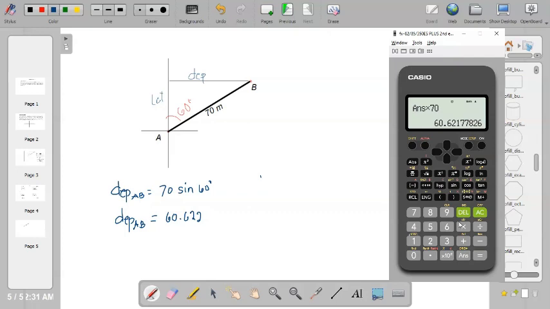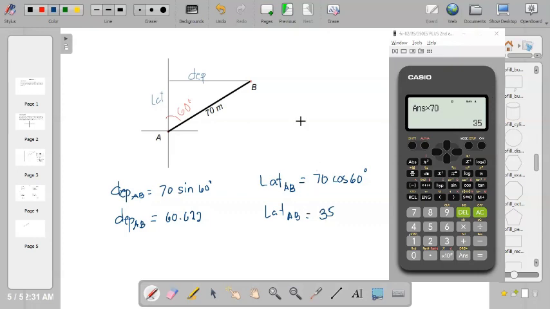And then your latitude AB is equal to 70 times cosine of 60 degrees. Get your calculator, press cosine 60 degrees, that is 0.5, times 70. You get 35.